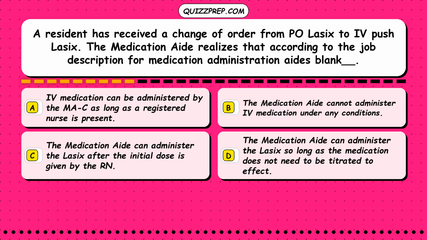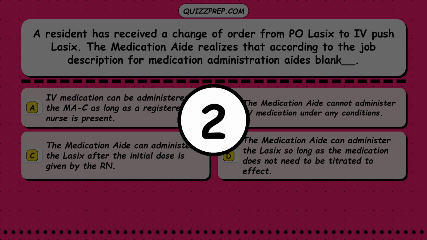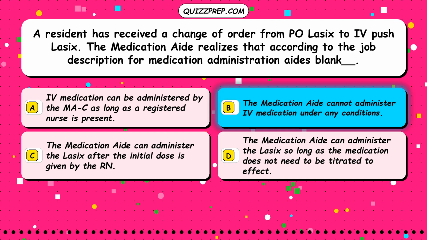Option C, the medication aide can administer the Lasix after the initial dose is given by the RN. Option D, the medication aide can administer the Lasix so long as the medication does not need to be titrated to effect. The correct answer is option B. The medication aide cannot administer for medication under any conditions.